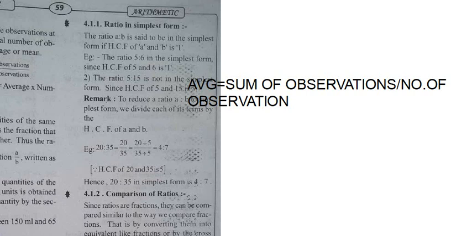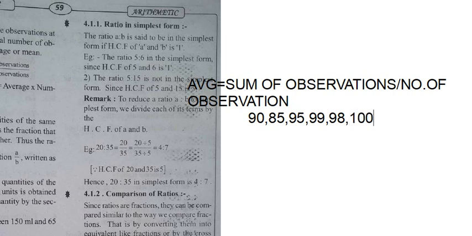So when you add the sum of the observations, that means if you add the marks. For example, out of 100, someone got 90 in Telugu, and in the next exam, Hindi, you got 85, in English you got 95, in Maths you got 99, in Science you got 98, and in Social Studies you got 100 out of 100.